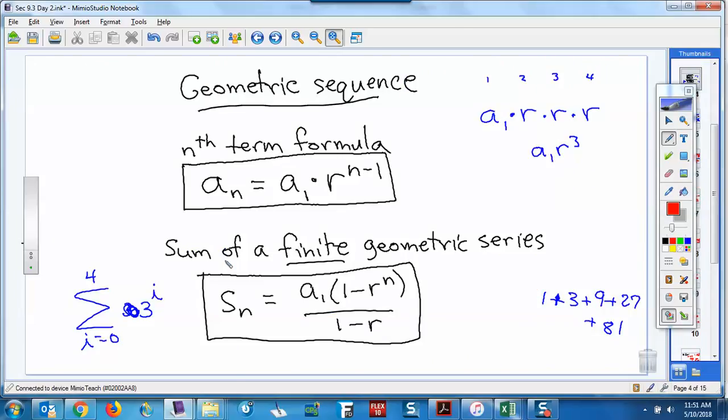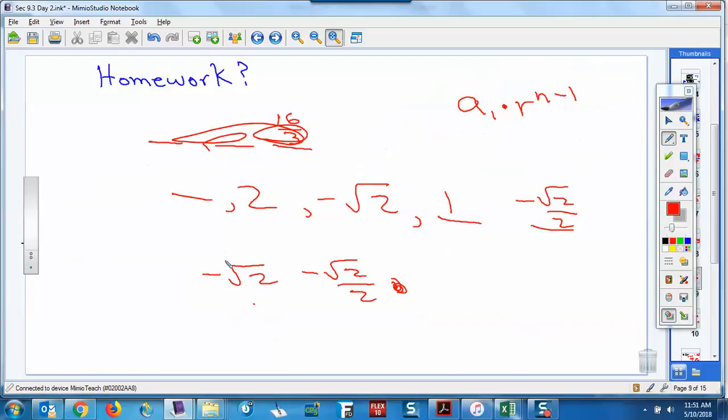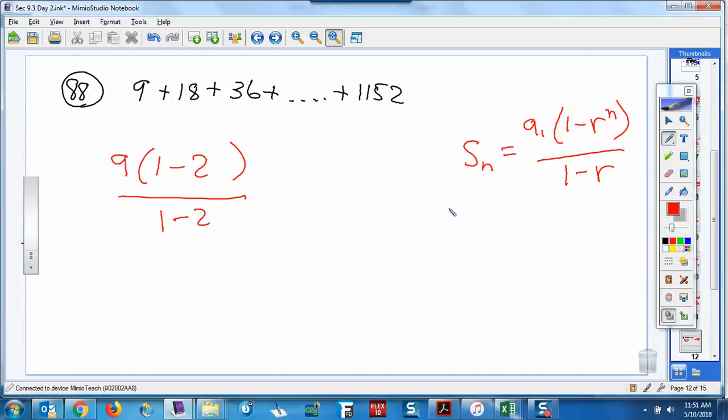I'll give you a hint. It's on this page. The first one, the nth term formula. Remember, the nth term is how you find a term. So what you would say is the nth term, because we don't know n, equals 9 times 2 to the n minus 1.